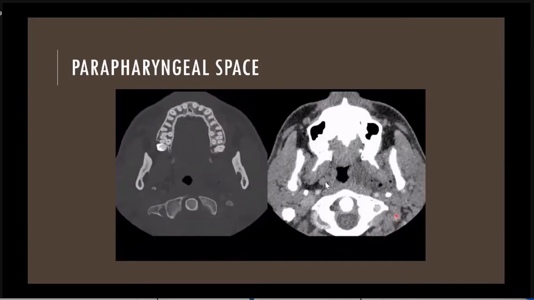Here in this example, there are poorly defined inflammatory changes in the parapharyngeal space with presence of air pockets. This is secondary to a recent dental extraction with inflammatory changes in the parapharyngeal space. Compare it to the contralateral parapharyngeal space, where there is a well-defined fat space representing the normal parapharyngeal space.